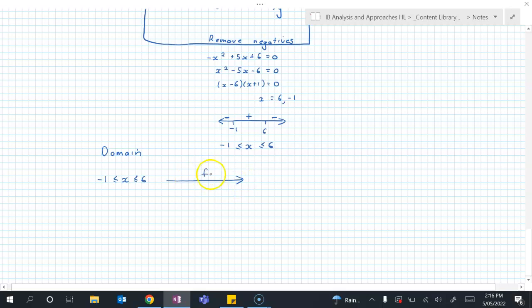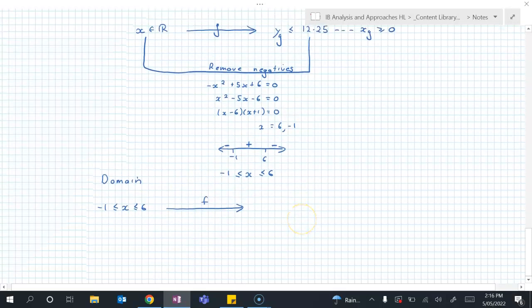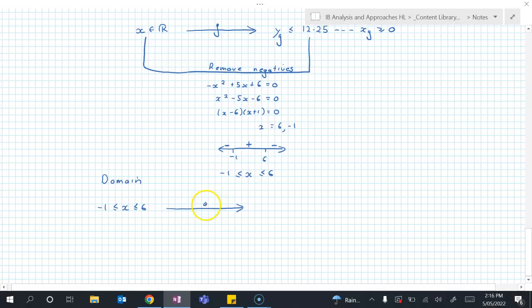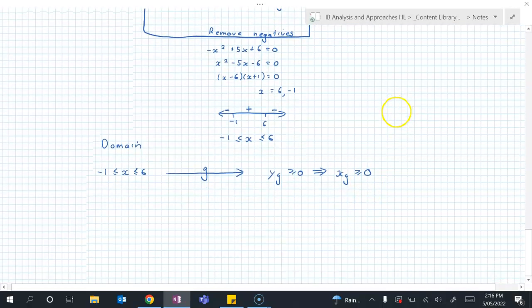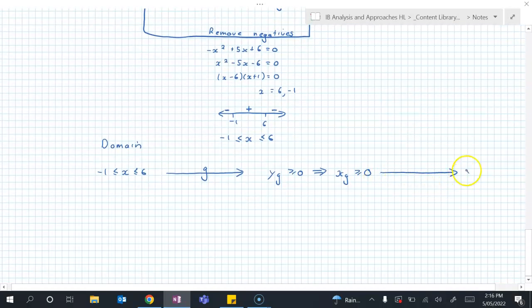I put them into g, and I get a range which is y of g greater than or equal to 0, which then fits into my domain of x greater than or equal to 0, and then I get values coming out which are just positive.